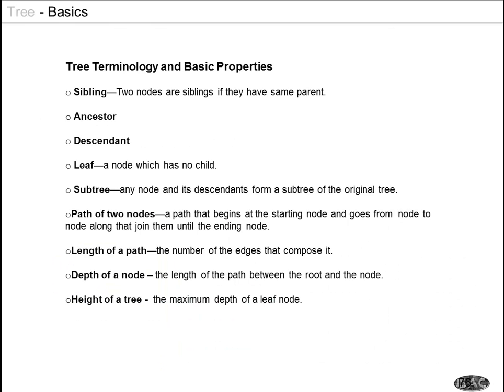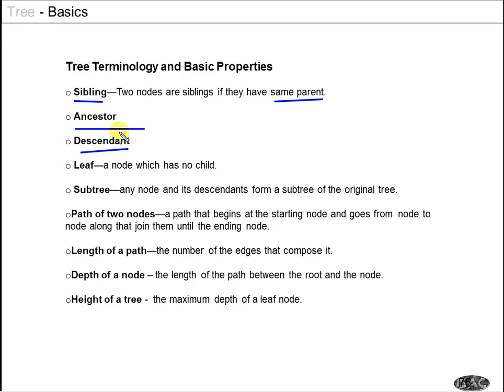Now in tree terminology, there are some basic properties and terms. We'll understand each one of them. First is sibling. Two nodes are siblings if they have the same parent. Ancestor and descendant.